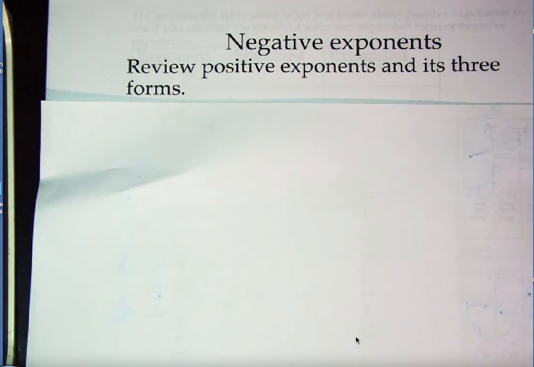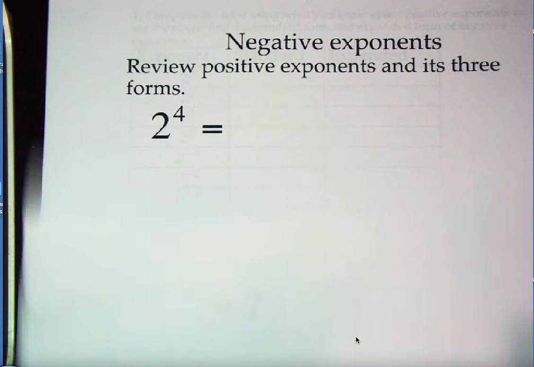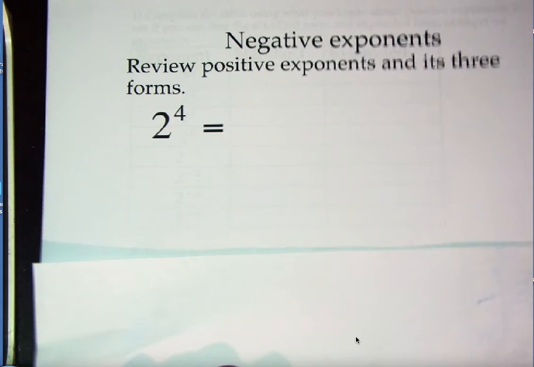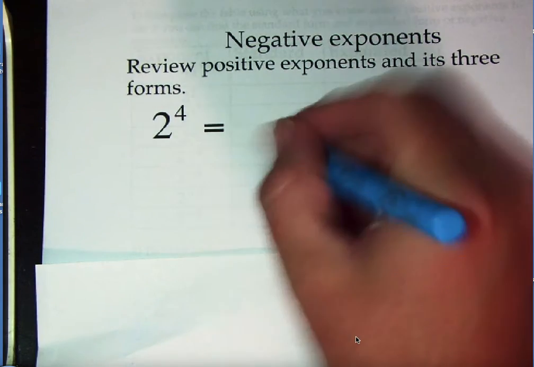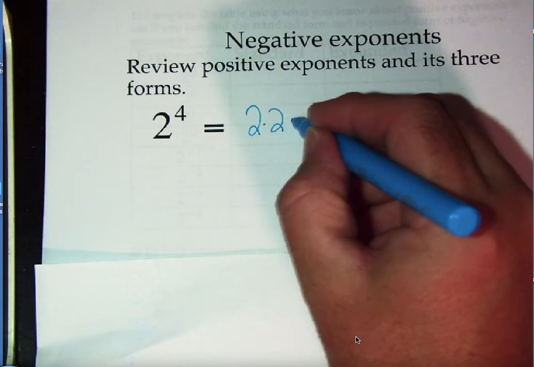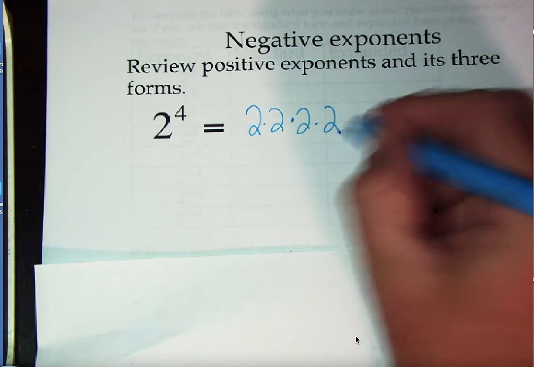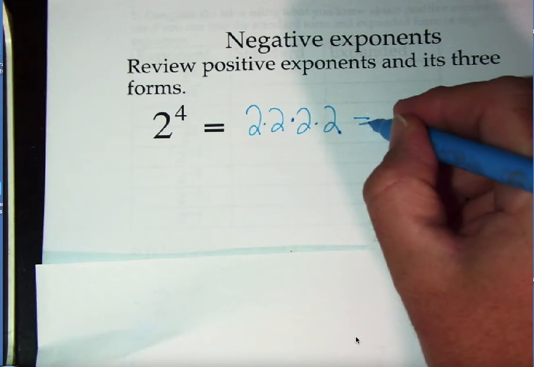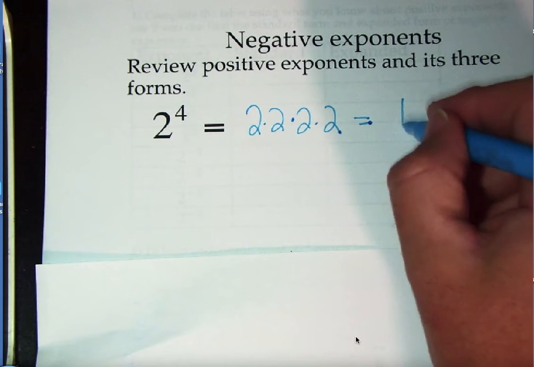Just a quick review of positive exponents, right? So 2 to the 4th, that's exponent form. In extended form, it's 2 times 2 times 2 times 2. And in standard form, or the simplified form, we get 16.